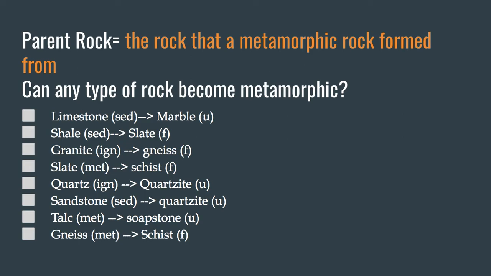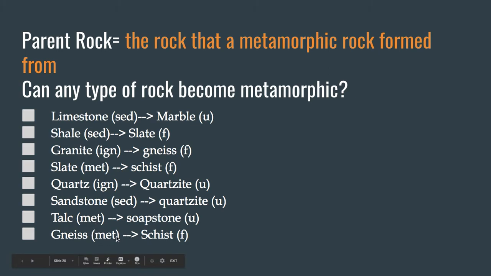What about metamorphic rocks? Can I take a rock that is metamorphic already and make it into another kind of metamorphic rock? And the answer is 100%, of course. Slate, remember, slate is shale that's metamorphosized. Slate, if I add more heat and pressure, becomes schist. Okay? Talc, which is metamorphic, becomes soapstone.